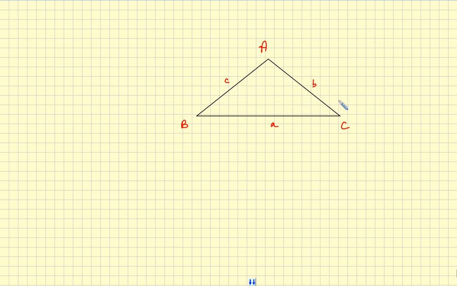Okay, so if I'm going to do the formula for finding the area of a triangle by using sine, the actual formula turns out to be area is equal to 1/2 ab sine of C, which is the same thing as saying 1/2 bc sine of A, which is the same thing as saying 1/2 ac sine of B.